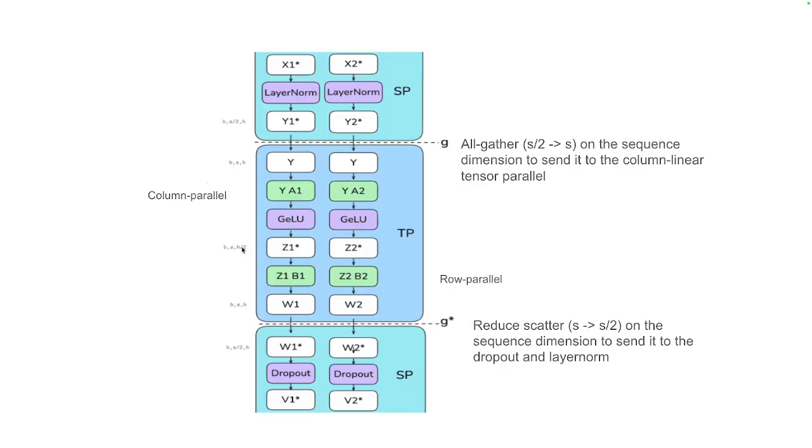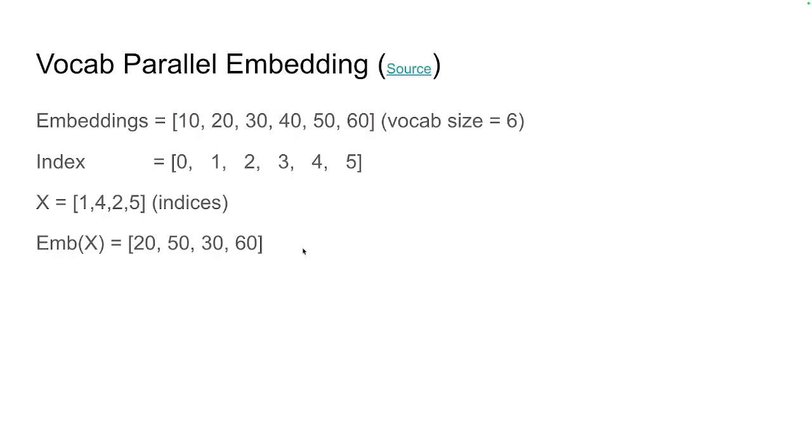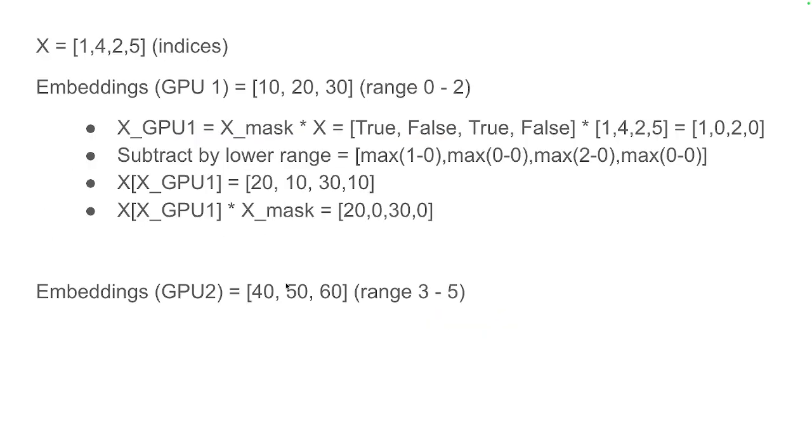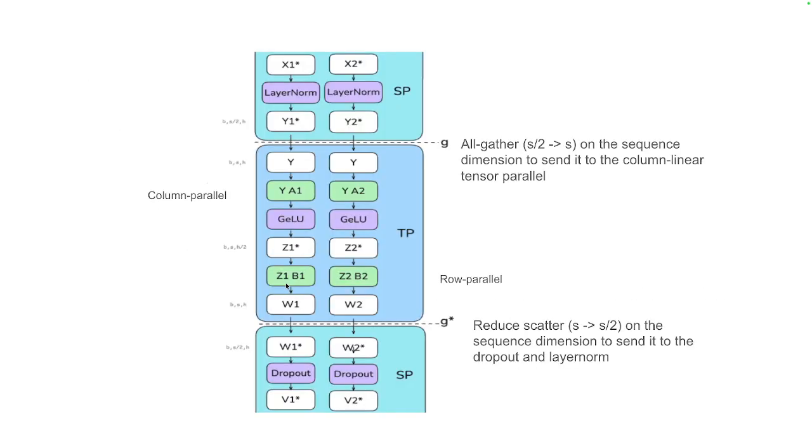If I just zoom in, this is as we had in column and row parallel. The value after the first column parallel is half the size of this input matrix, and this value is also half the size of this input matrix. So it's already sharded for you, hence you see this h by 2 here.